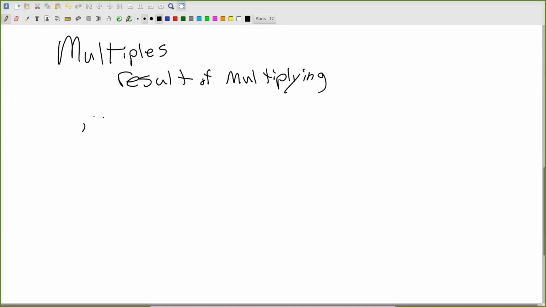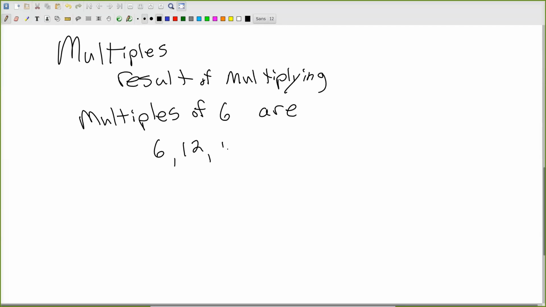So for example, oops, my pen got a little crazy there. Multiples of 6 are, well, 1 times 6, 2 times 6 is 12, 3 times 6 is 18, and then we just keep going, right? 24, 30, 36, and these go on forever.